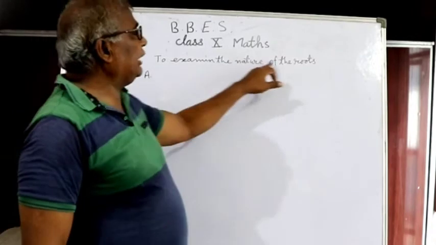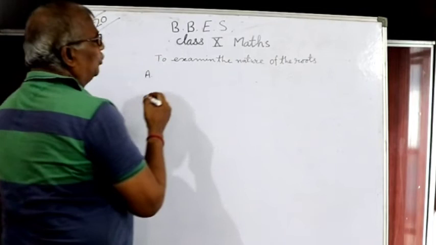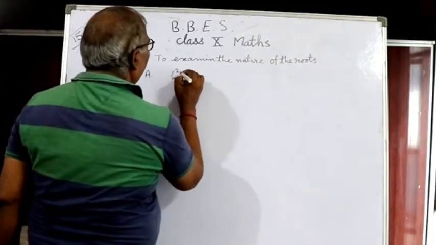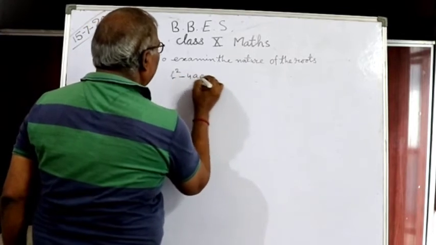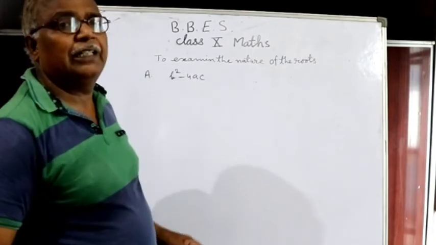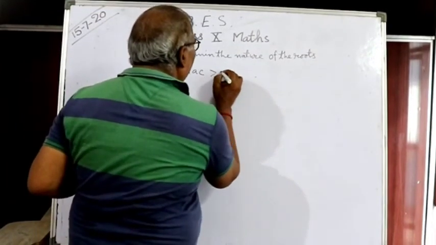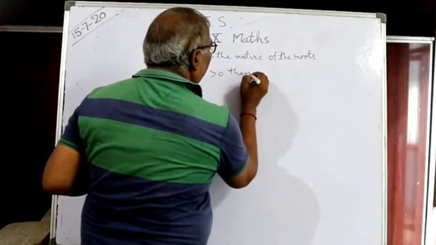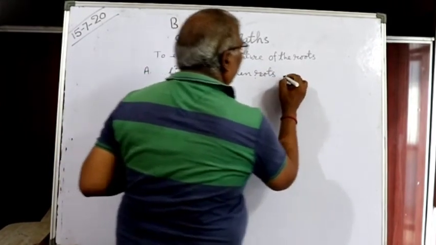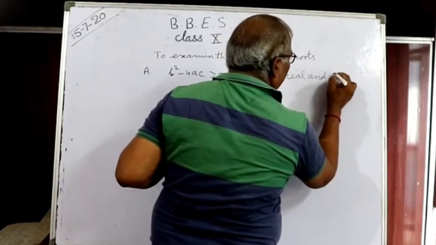To examine the nature of the roots, b square minus 4ac is called the discriminant.